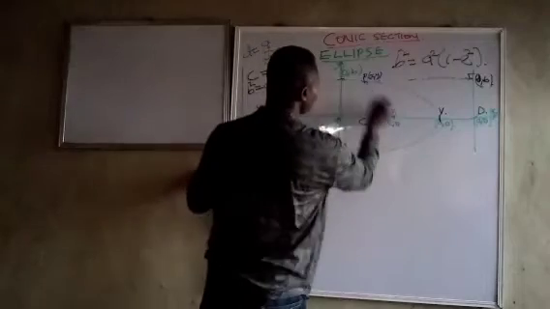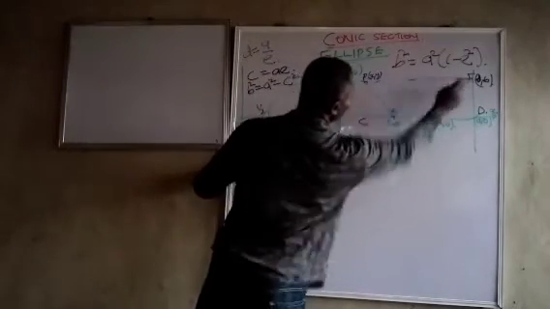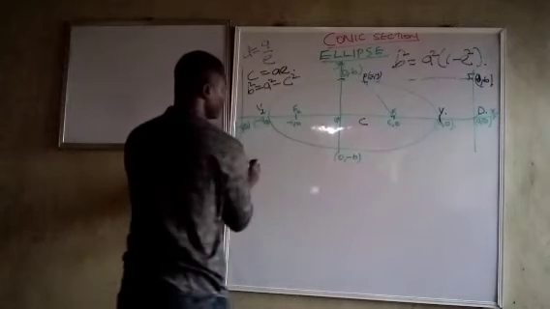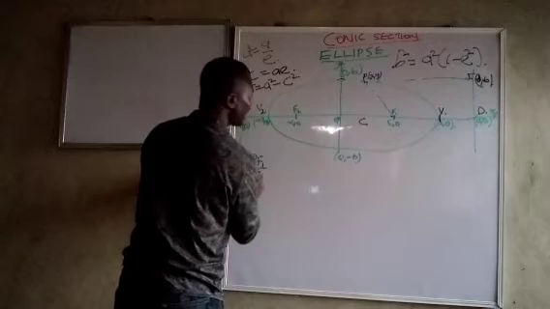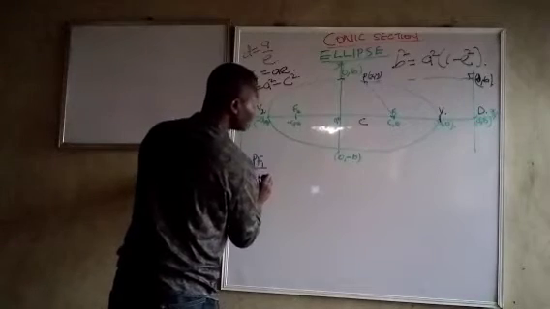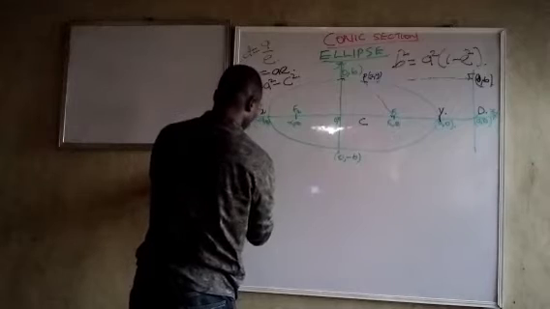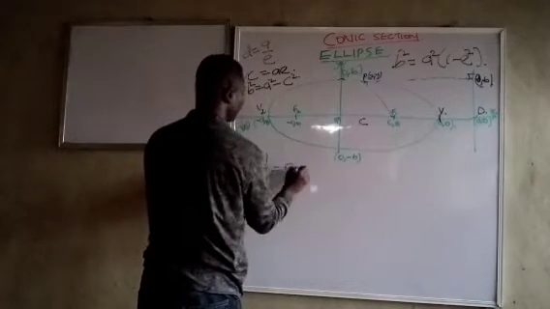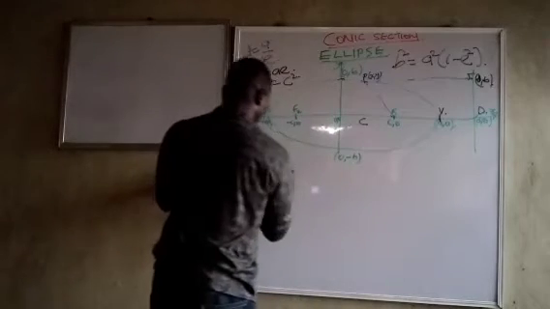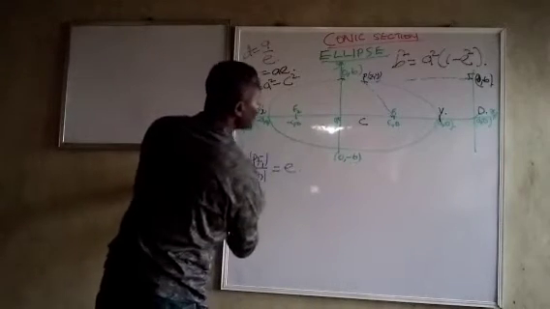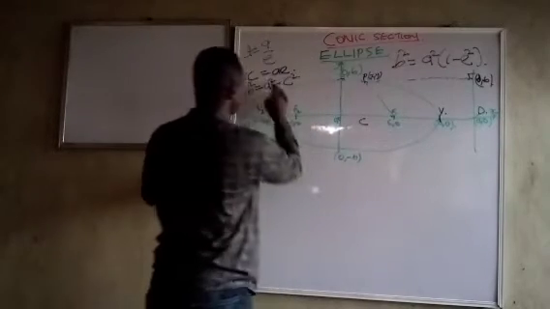So we have it. The ratio of PF1 and PD is E. So we have PF1 over PD, that is the distance from this place, is equal to E. Now what's the distance from P to F1? That will give us x minus c, and we know what c is from this place.